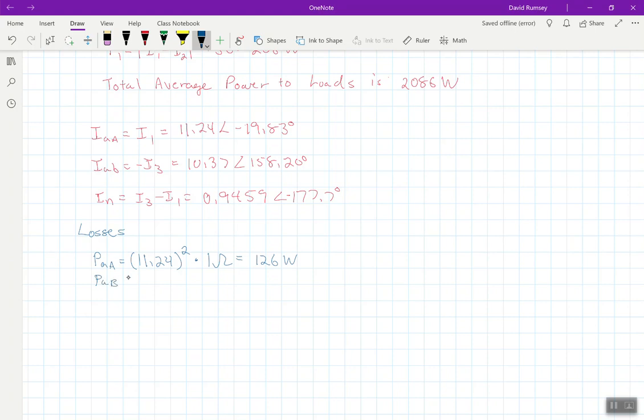Power in line AB is equal to 10.37 squared times 1 ohm, which is equal to 108 watts. And finally, the power loss in the NN is going to be 0.9459 squared times 3, which is equal to 3 watts.